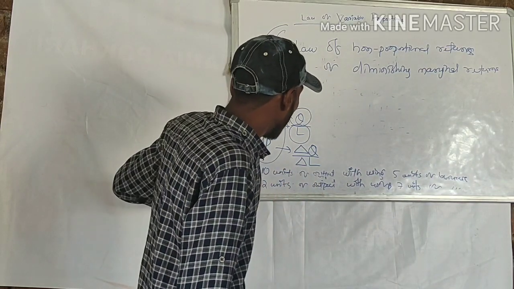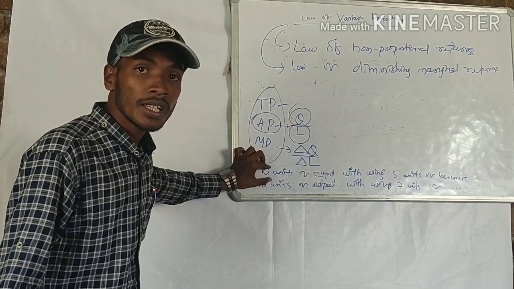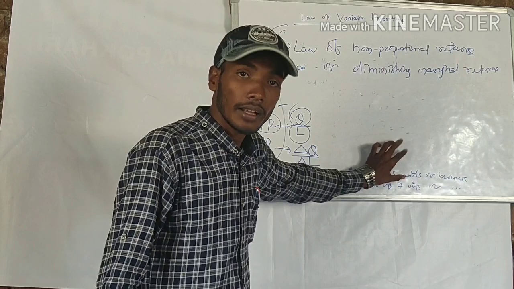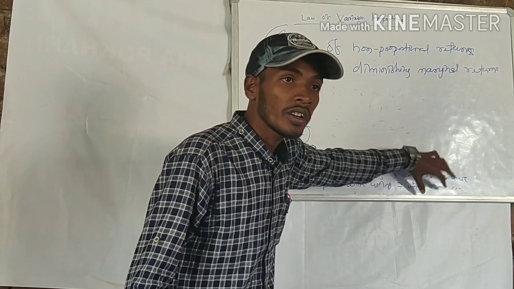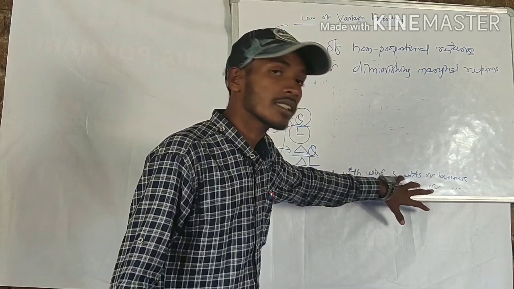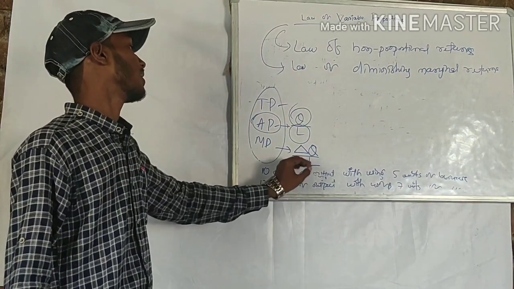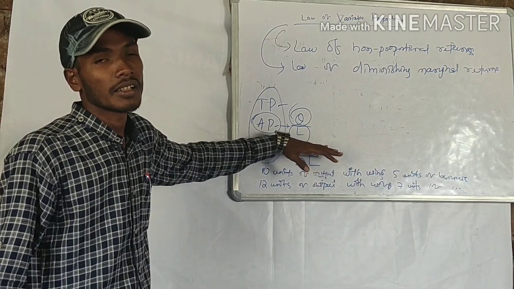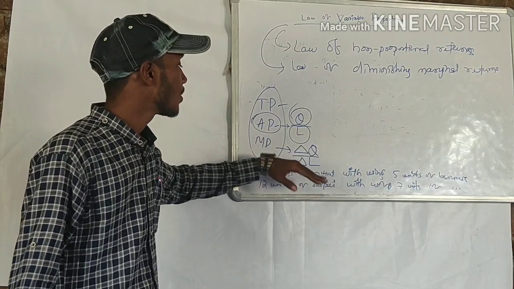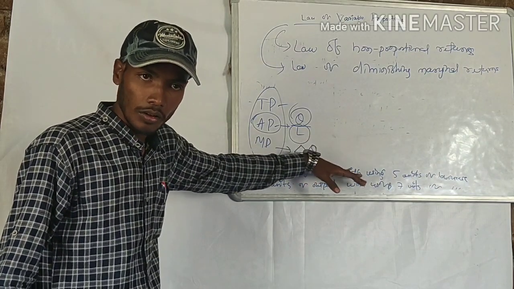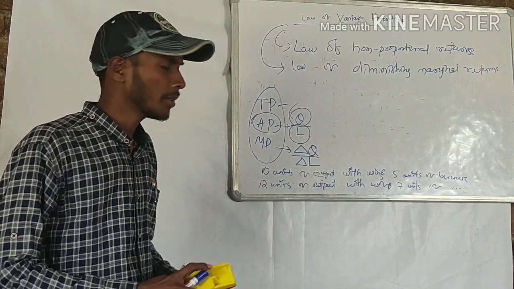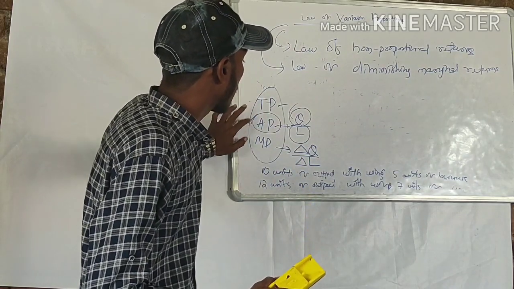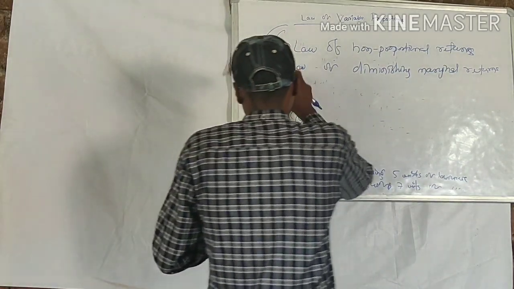That means for changing from this level of output to this level, a change has taken place in inputs. This is the change in the output due to the change in the inputs, that is labor. So that's all about the total product, average product and marginal product. Now we come to the topic.